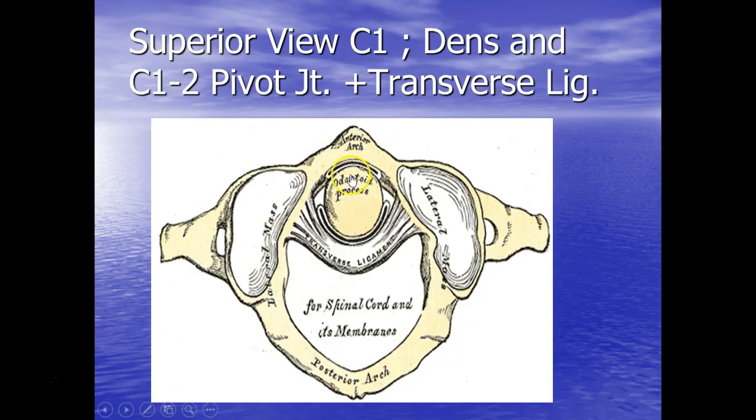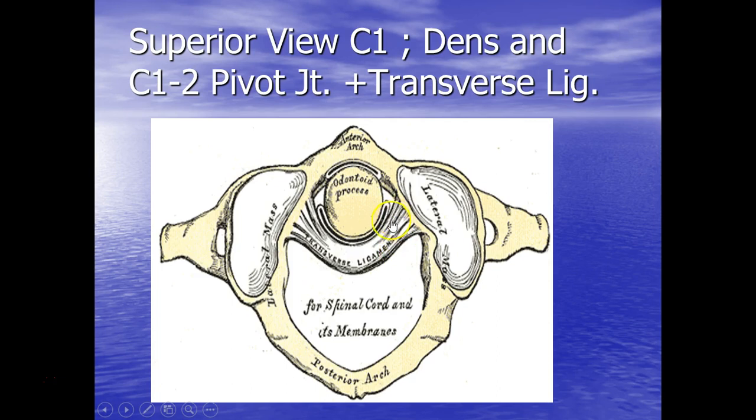So again, we've seen this previously looking at the structure of the pivot joint between C1 and C2, but in particular here, what we want to emphasize is the location of the transverse ligament attached, running from lateral mass to lateral mass. And of course, it does have vertical portions extending superiorly to the basilar part of the occiput and inferiorly down to the posterior body of C2.